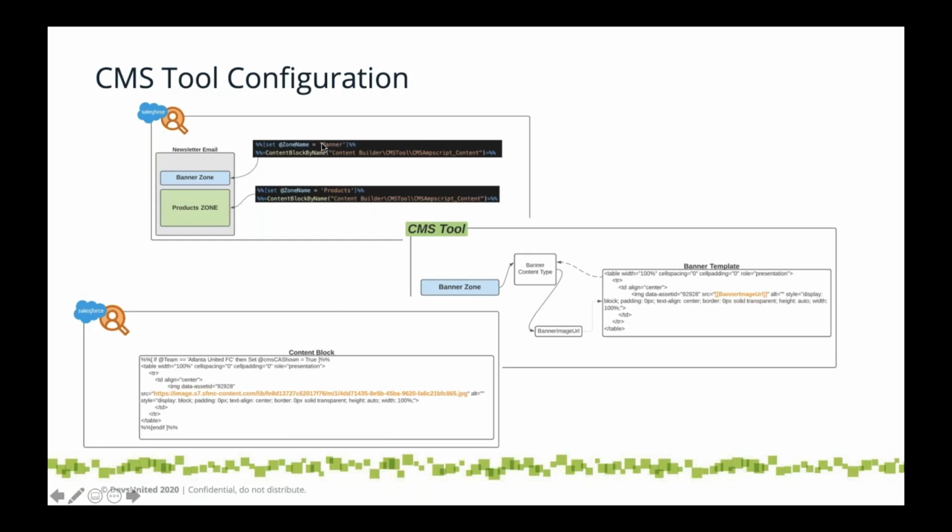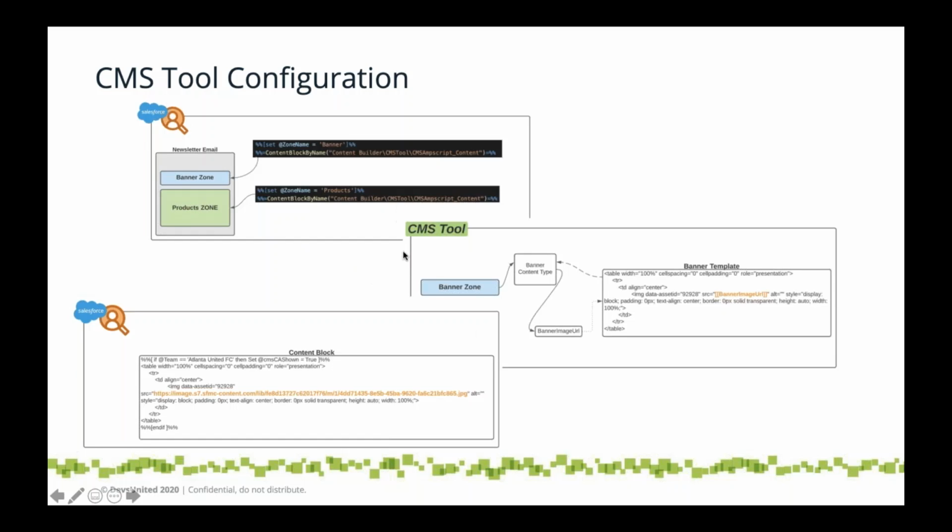We will set a variable zone name with the name of the zone, and then we will invoke an AMPscript content block, which will have all the logic to determine what schedule and what content should show or not. Same for another zone. This is the first part on the Marketing Cloud side.